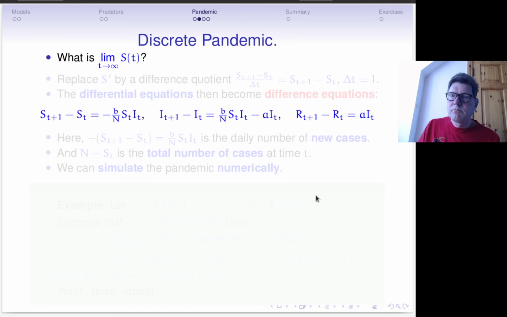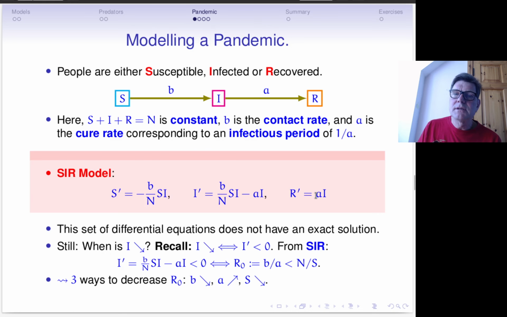And other properties can be studied. I want to look at the possibility of analyzing these equations numerically. For example, to study the question, what is S of t in the limit? S being the number of susceptible people.